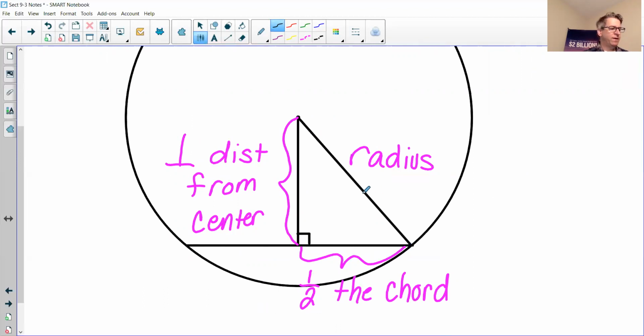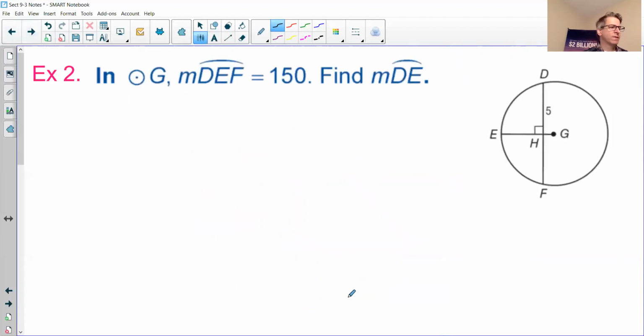So we're going to use the Pythagorean theorem, and we're going to reference a lot of Pythagorean triples. Keep that in mind. Here we go to the next page.